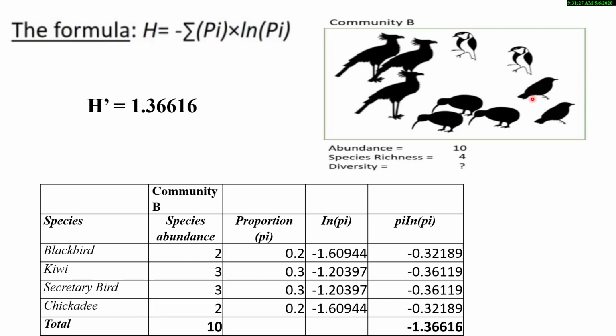The diversity index for community B is 1.36616.